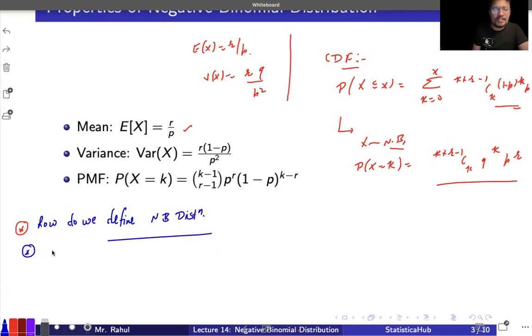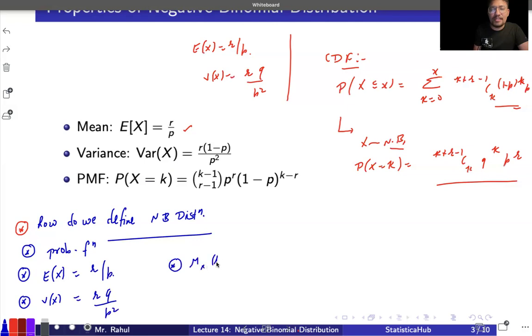Then you have to memorize the probability function. Then the expected value, which is r over p. Then the variance, Var(X) = rq over p squared. And you have to go for the MGF also: M_X(t) = (p e^t over 1 minus q e^t) raised to the power r.